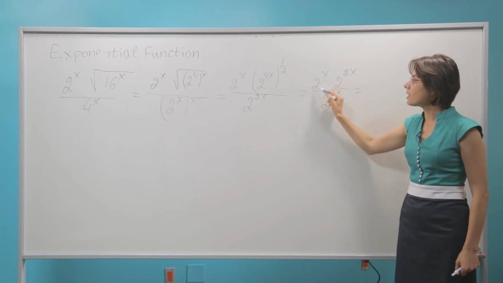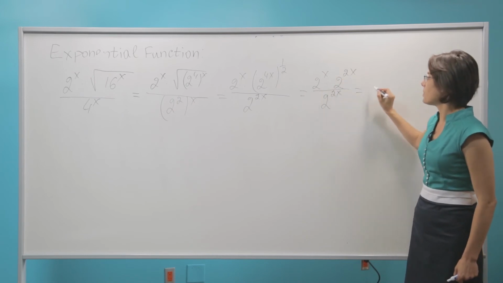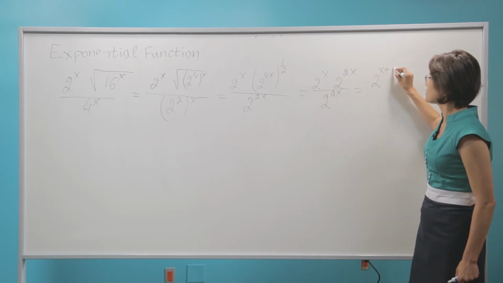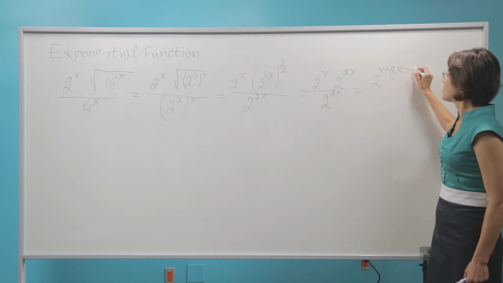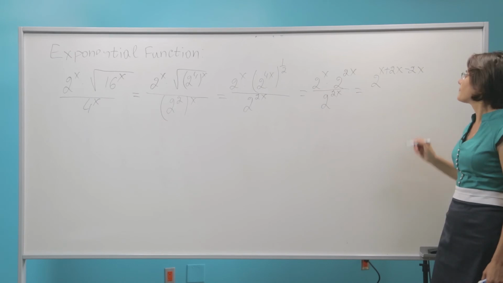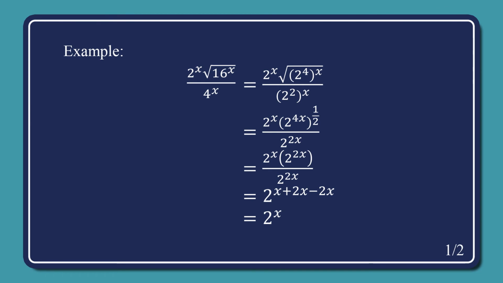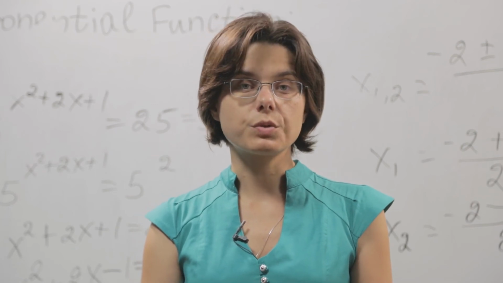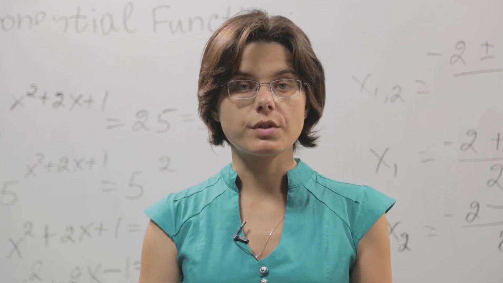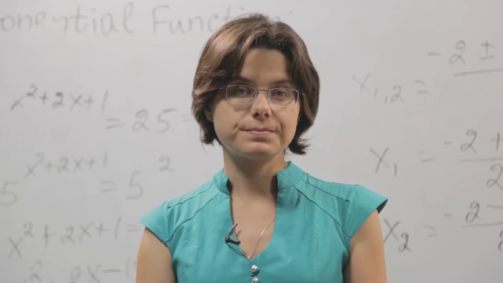So I can write it by law of exponential function as one base and the sum of the powers. So it's 2 to the power of x plus 2x. And now I have division, which I can write as negative 2x in the same power. So I obtained 2 to the power of x. So this relationship, 2 to the power of x times square root of 16 to the power of x over 4 to the power of x, can be simplified as just 2 to the power of x.